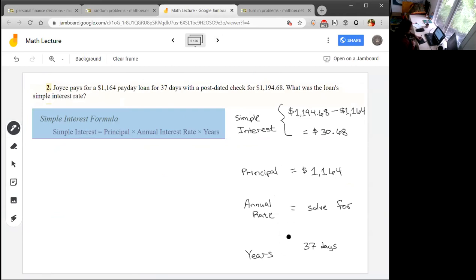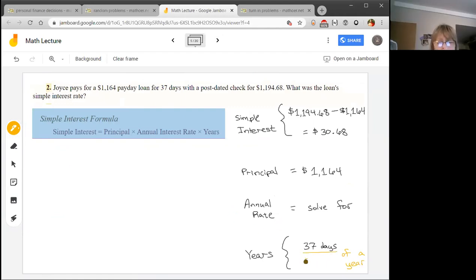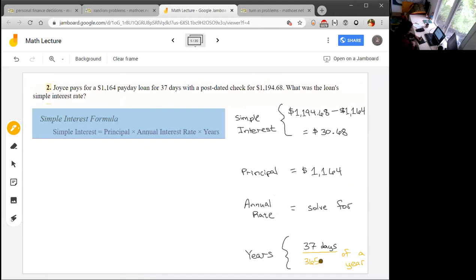Okay, we need to fidget with years because somebody gave us days. So I want to make this some amount of a year. How will I do that? Is this where we use the 365? Yeah, so that's out of 365 days. So it's that fraction of a year.